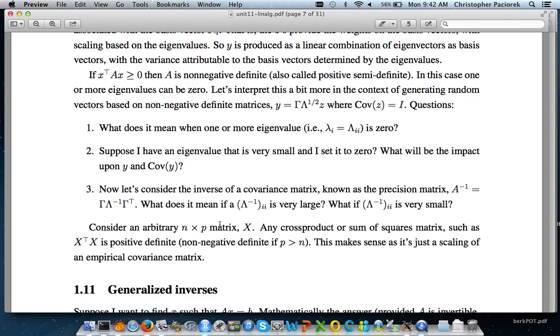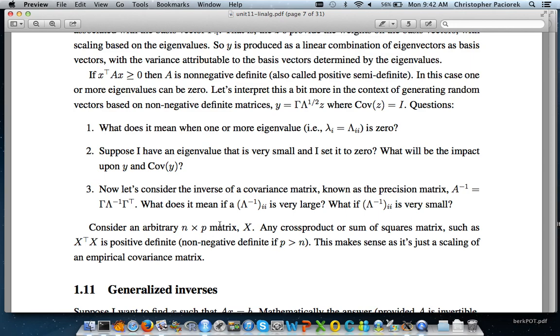I can think about generating y normal with some mean vector mu and then this covariance matrix A that I've been talking about. So everything over there, I think I probably didn't say it, but was implicitly with a 0 mean vector.